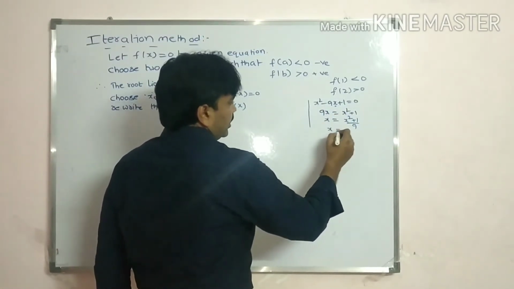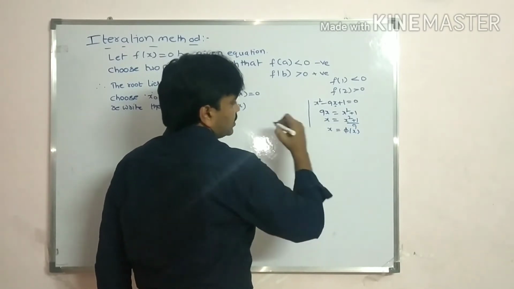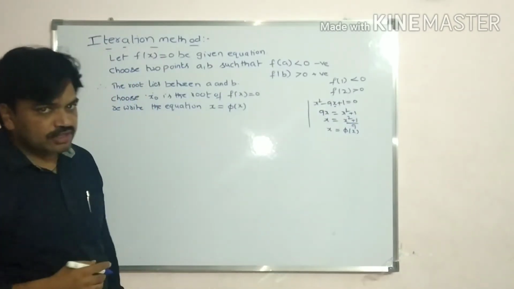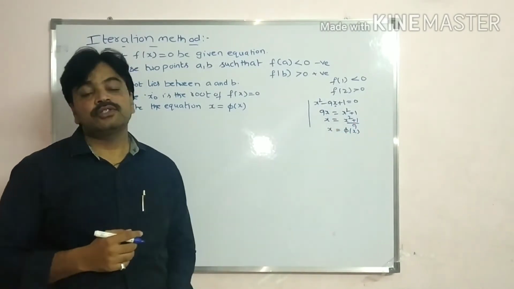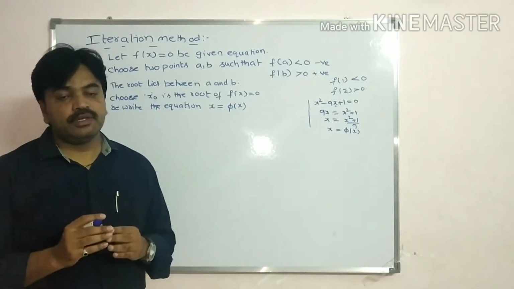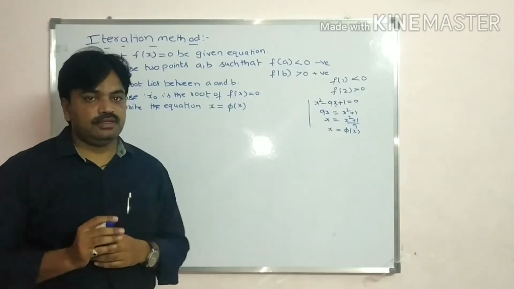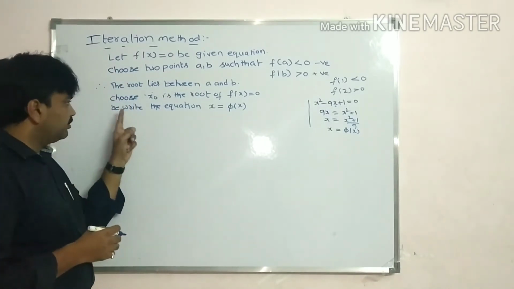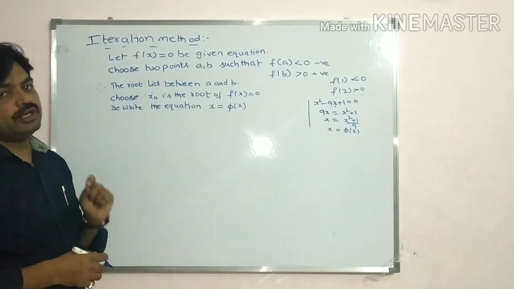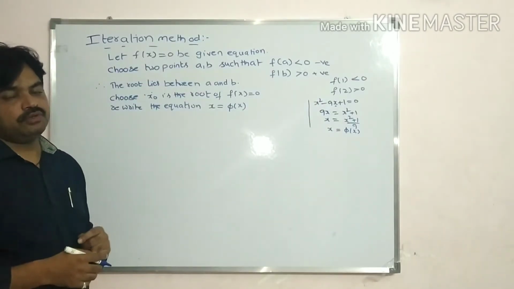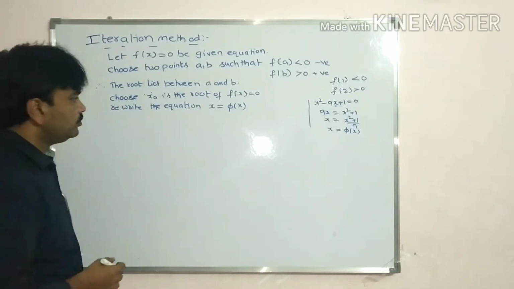Now here it is like x is equal to phi of x. What is phi of x, students, here? Phi of x is x square plus 1 by 9. Once again, students, rewrite the equation as x is equal to phi of x.